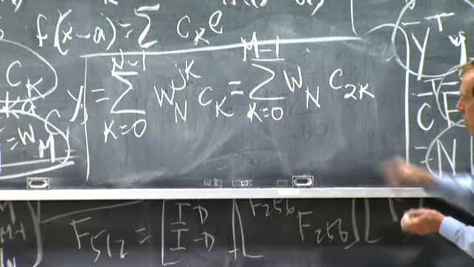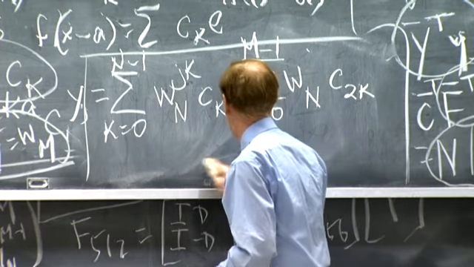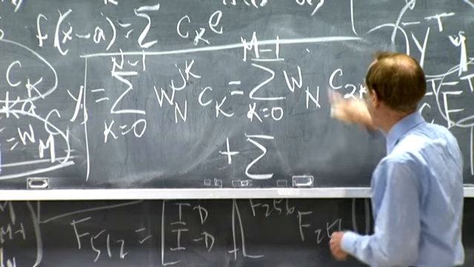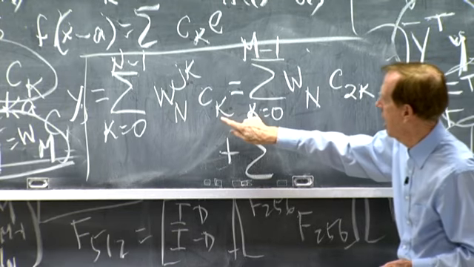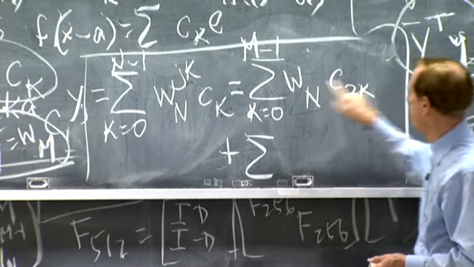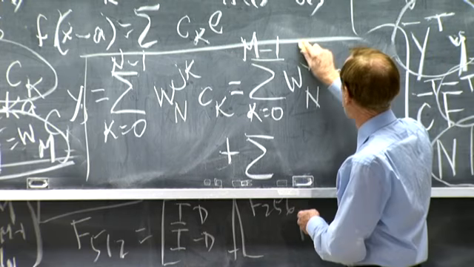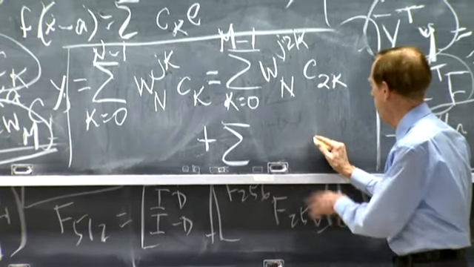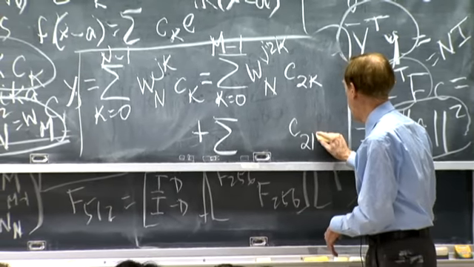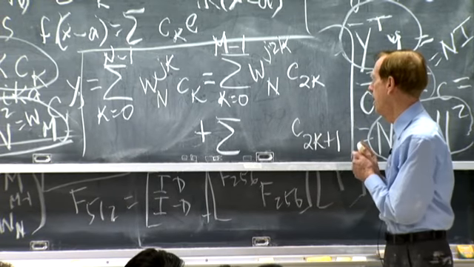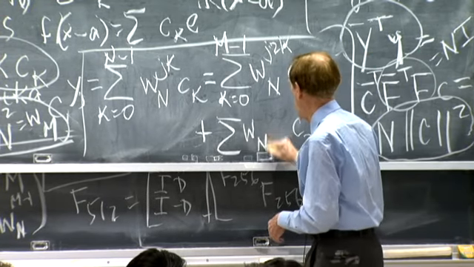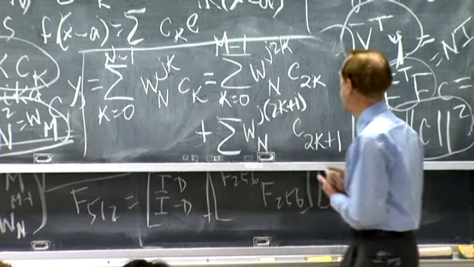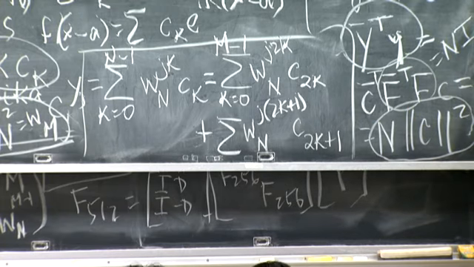This is only half of the terms. And then will come the other half, plus the same sum. Let me finish. Instead of k, I'm doing 2k, so I have j times 2k here. And now these will be the odd ones, c2k plus 1, and omega n to the j times 2k plus 1.